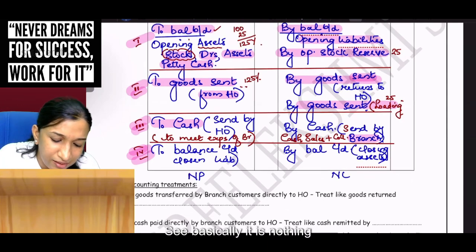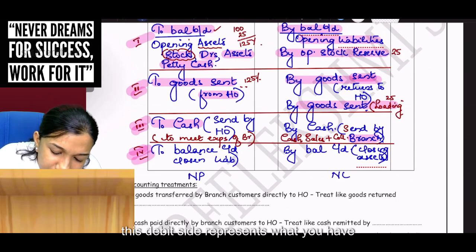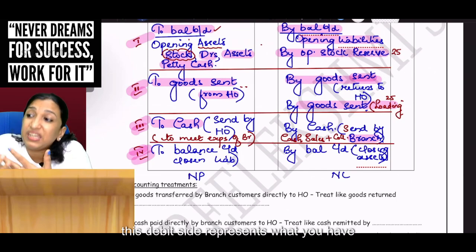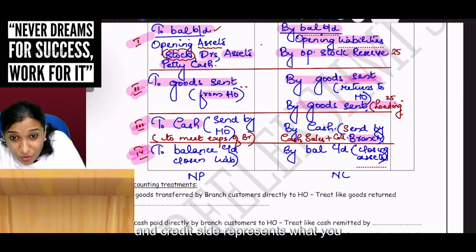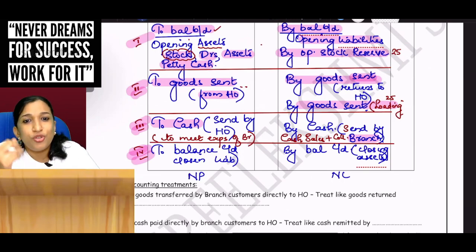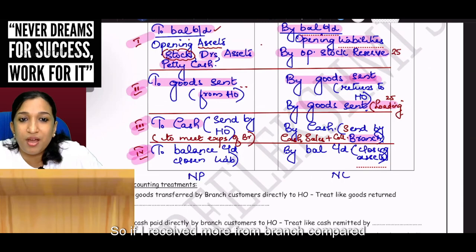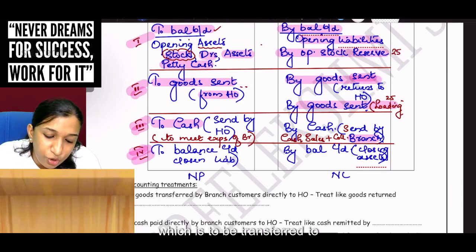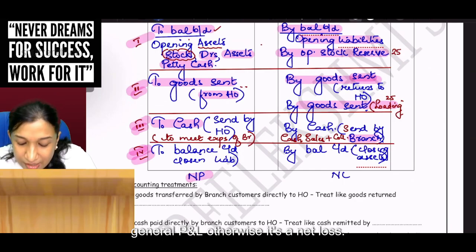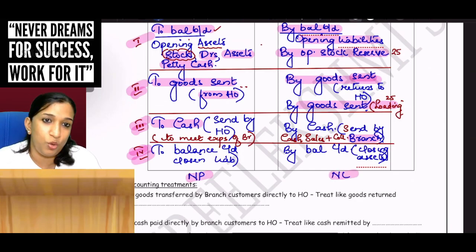See, basically this debit side represents what you have given for the branch, and credit side represents what you received from branch. So if I received more from branch compared to what I have given, it gives a net profit which is to be transferred to general P&L. Otherwise, it's a net loss.